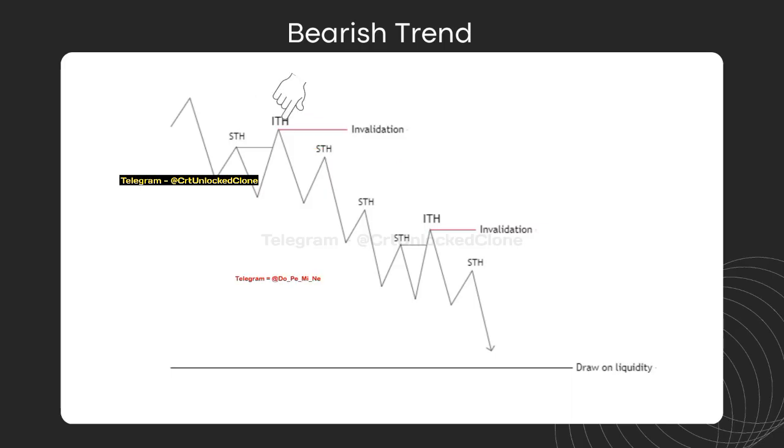And then once price does that and it expands lower again and forms that new short-term high after that rejection, we wait for a retracement and wait for another short-term high to be formed to its right. And once that short-term high is formed, that other short-term high that was formed after the rejection of the short-term high to the left is now classified as an intermediate-term high.